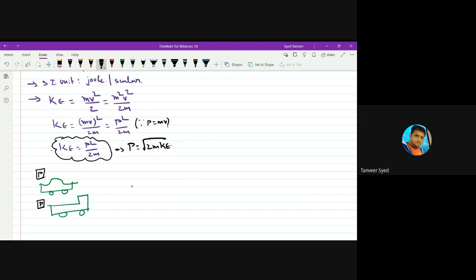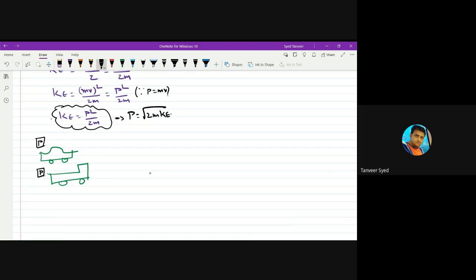Which has more kinetic energy? Car and truck are traveling with the same momentum, which has more kinetic energy? Sir, car, sir. Car, how? Sir, because the mass is lesser in the car than in the truck, sir.